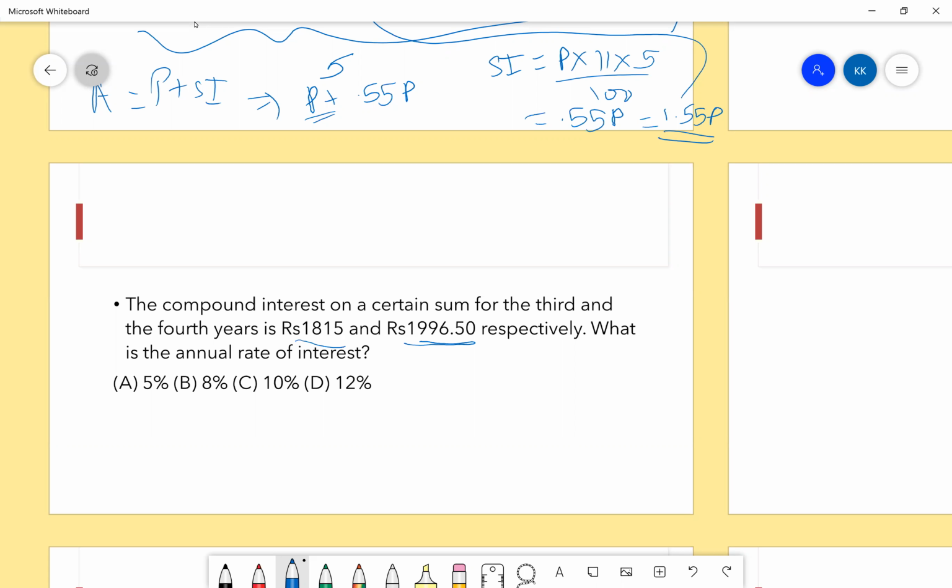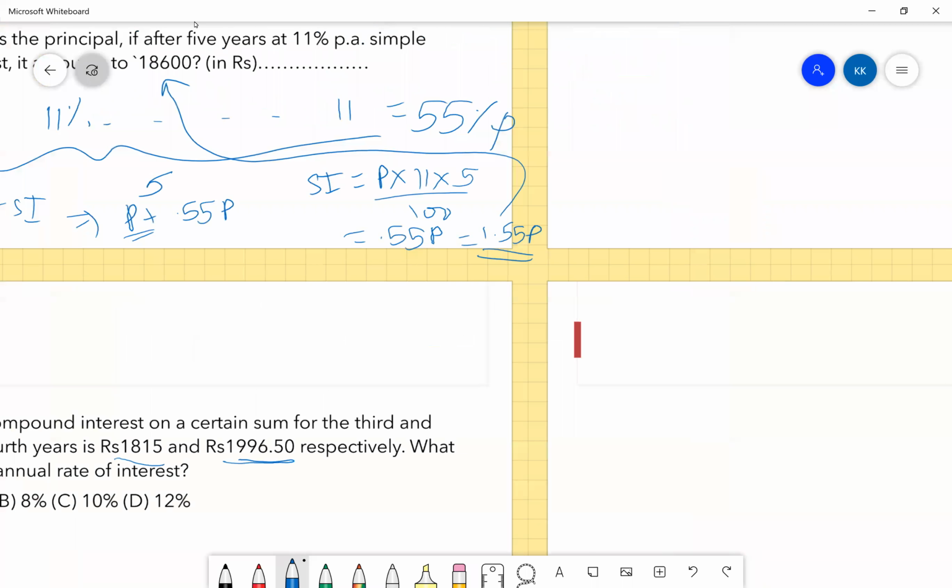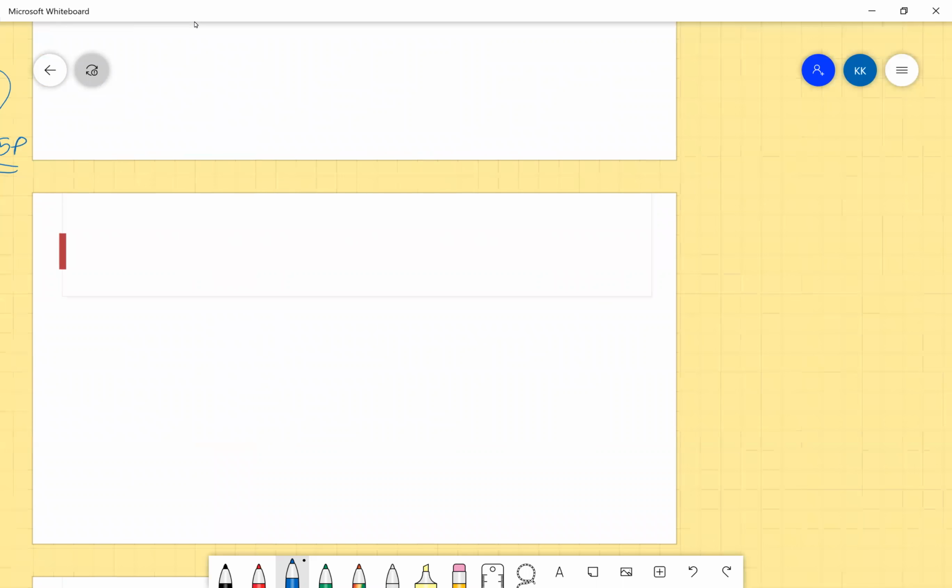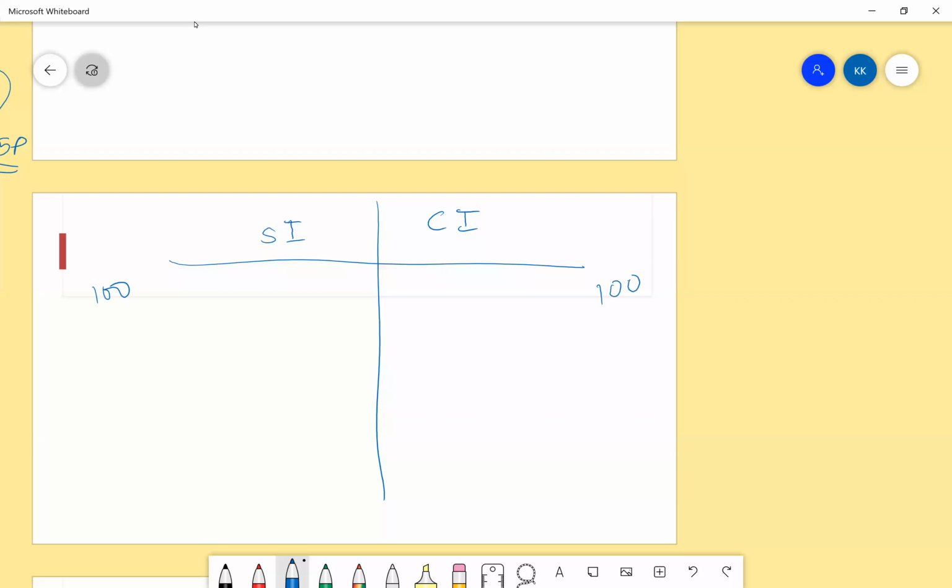Let's see how it should be solved and let's revisit the previous concept I had discussed. What did we discuss in the slide? In the previous part, I had shown simple interest and compound interest. There we see 100, and if we have 100 in one year, its interest is 10.